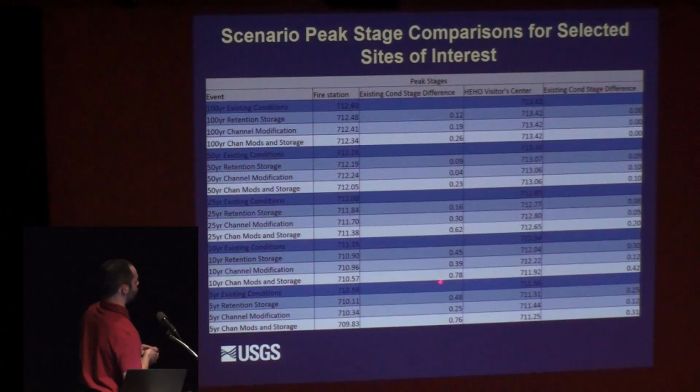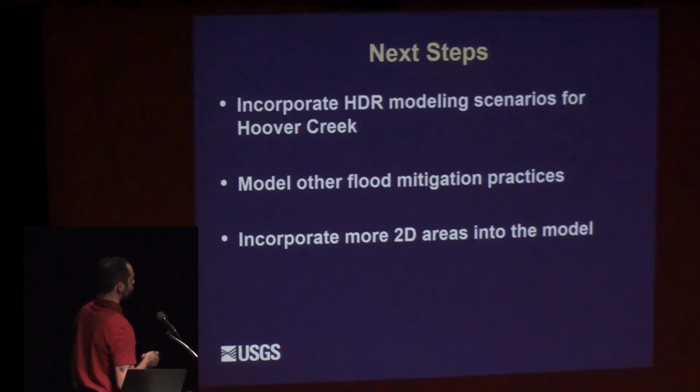This is the deviation you have from using these plans compared to the existing conditions, and it's dropping water levels 3/4 of a foot for these events here, utilizing your channel modifications and storage designs.